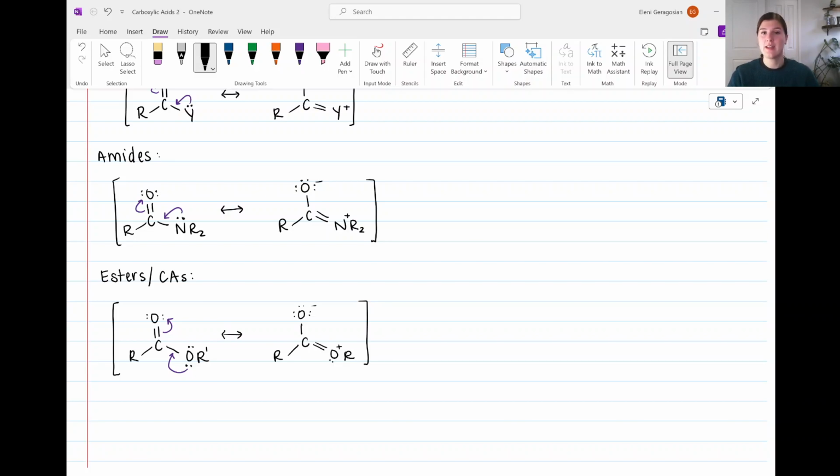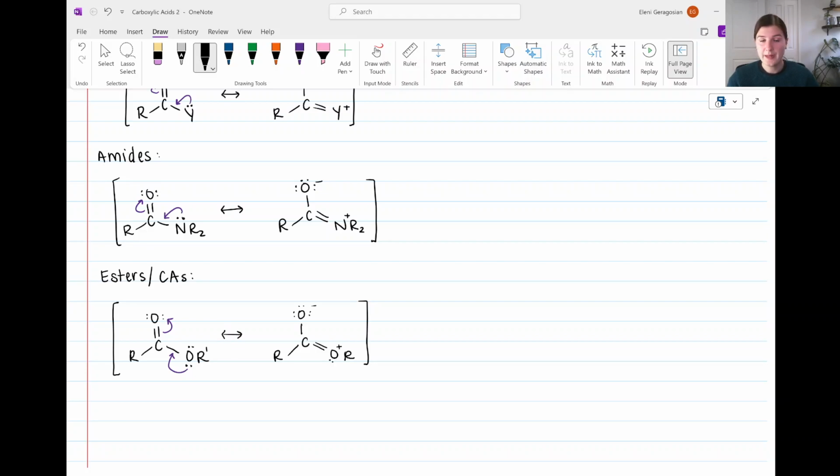And remember, if we have more electron density around the carbonyl carbon, that's a less reactive carbonyl carbon. Having less electron density around the carbonyl carbon makes that carbon more reactive so that the nucleophile can then come in and donate its electrons to create a bond.